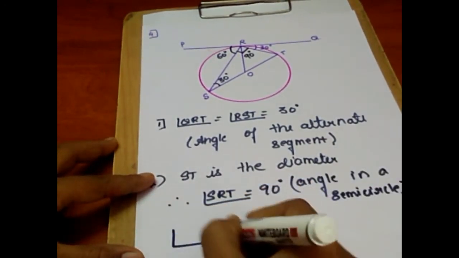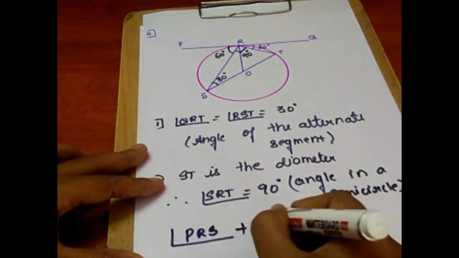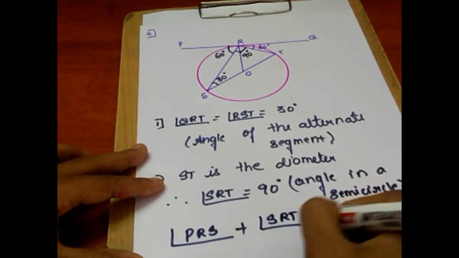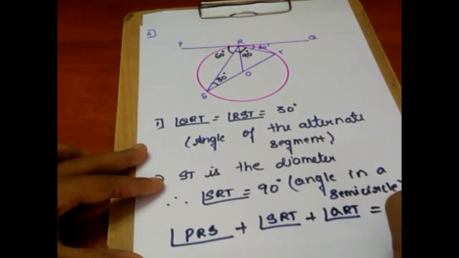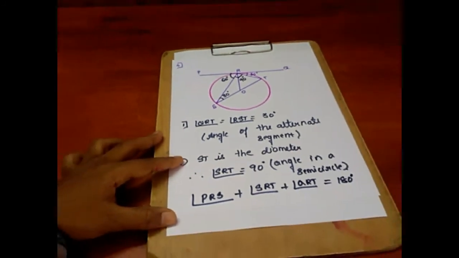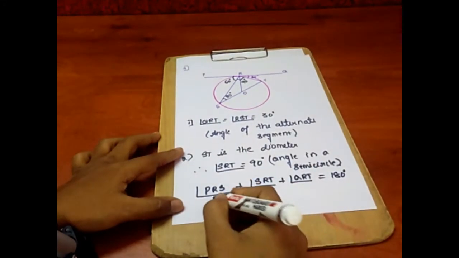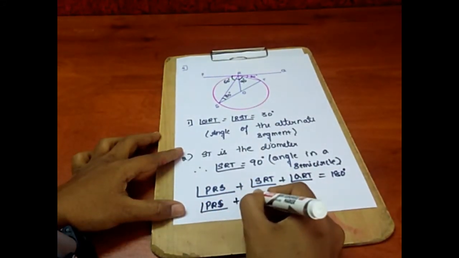Next, angle PRS plus angle SRT plus angle QRT is equal to 180 degrees. So angle PRS has to be calculated.